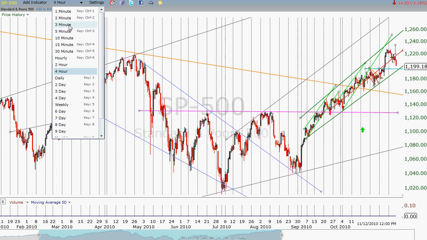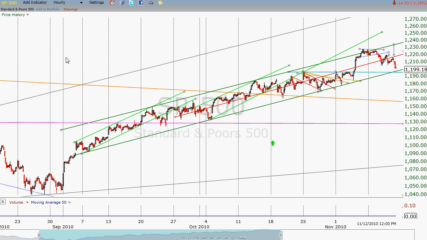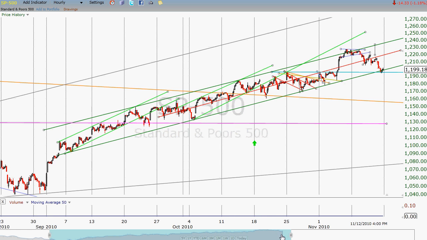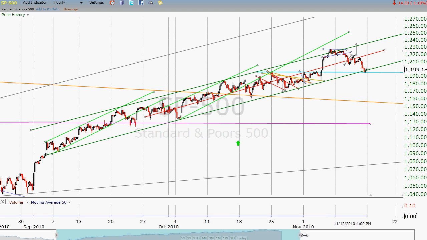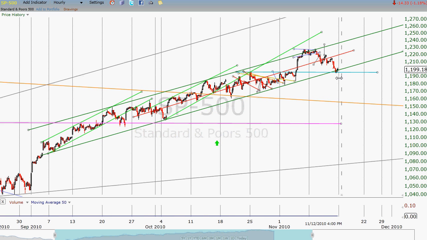The question has always been, is it going to do it in one steady move up to that level, or is there going to be some intermediate corrective move and then a renewed thrust that would get up there, and probably, if that's the case, even higher?